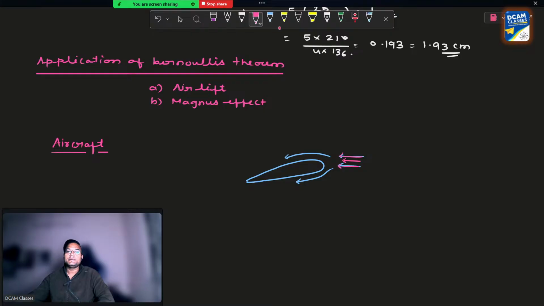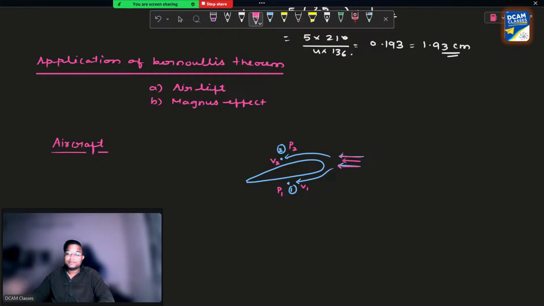It increases the speed. Why is it important to increase the speed? Let's say this portion is point 2 and this is point 1. Here the pressure is P2 and velocity is V2. The height difference is not much, so we can neglect it. Here the pressure is P1 and velocity is V1.